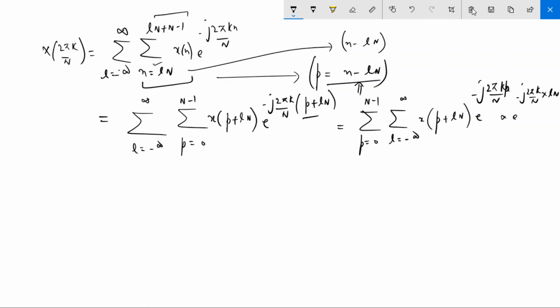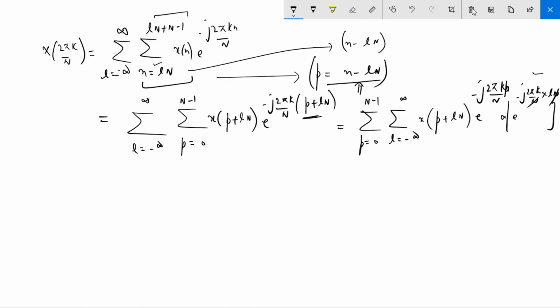Okay, I opened this. You are getting two different terms here. And if you look at this term, your n and n will get cancelled, and k into l is nothing but an integer. Okay, so e raised to power minus j 2 pi kl is cos 2 pi kl minus j sin 2 pi kl, which is nothing but 1. So this term will become 1.